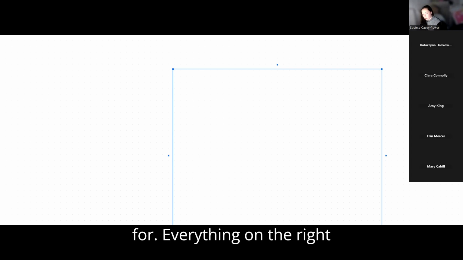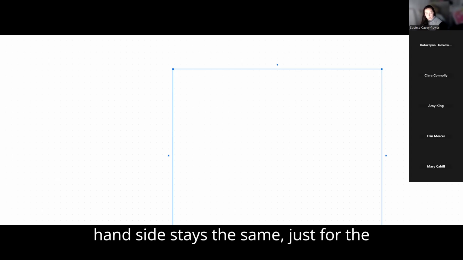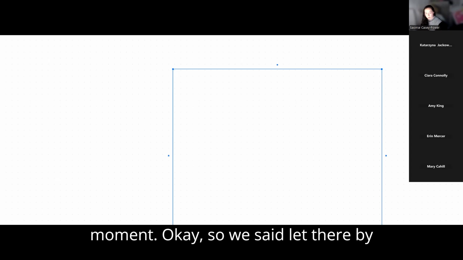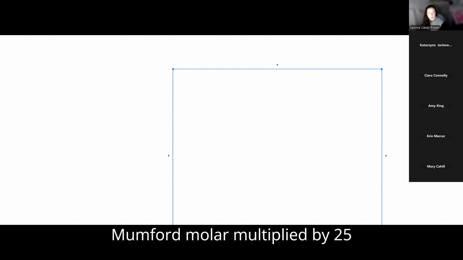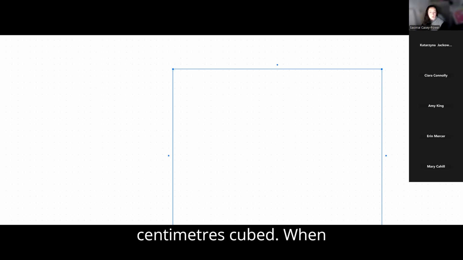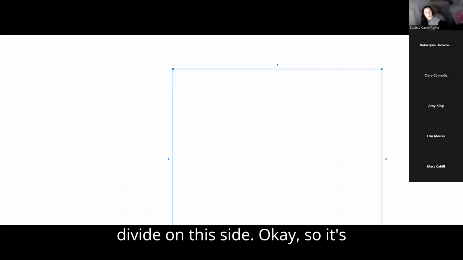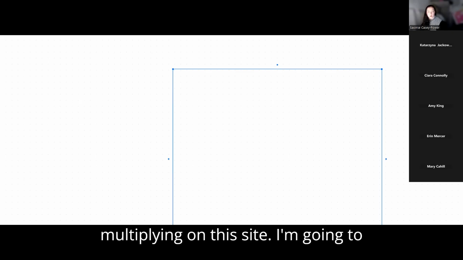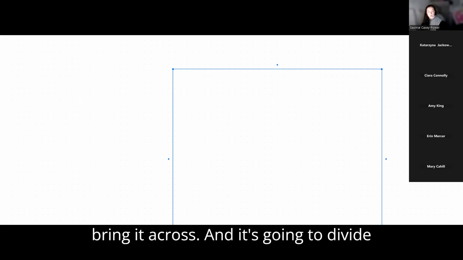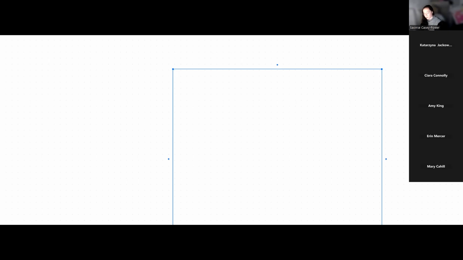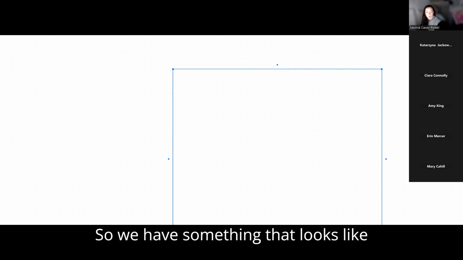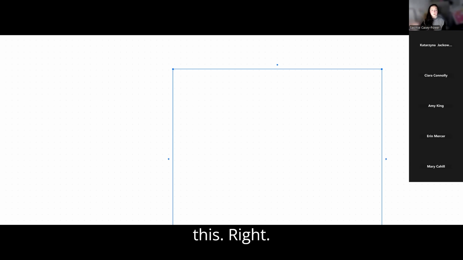Everything on the right-hand side stays the same for the moment. We still have 0.15 molar multiplied by 25 centimeters cubed. But when I bring my 25.25 centimeters cubed over the equal sign, it's multiplying on this side, so I'm going to bring it across and it's going to divide on this side. So we'll have something that looks like this.